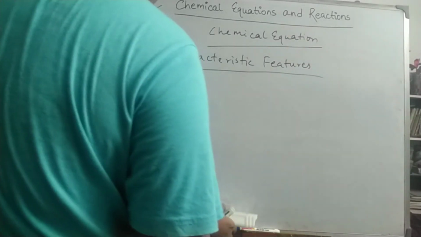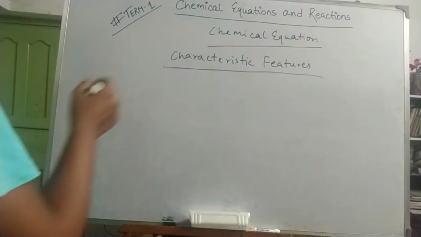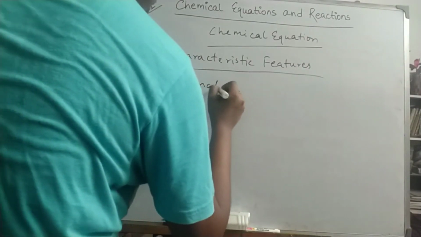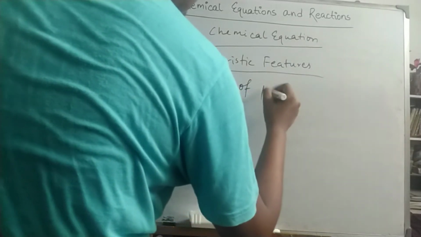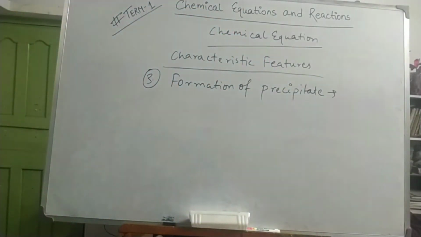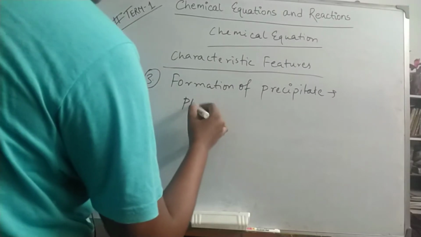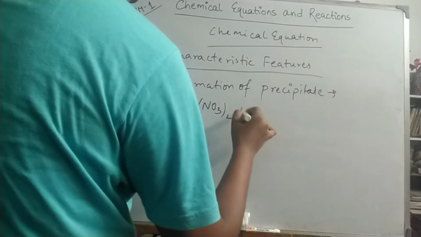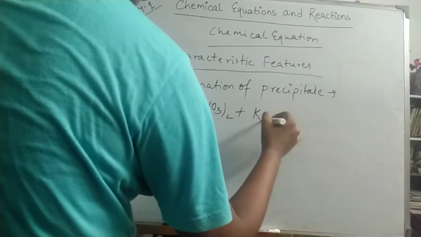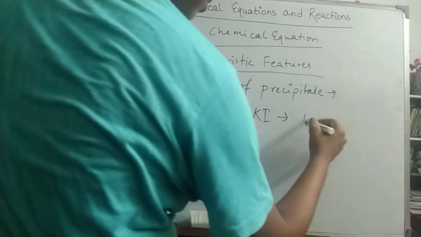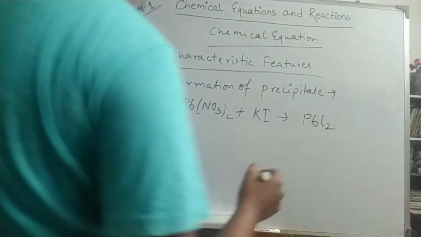Then the third one is formation of precipitate. This is one reaction: lead nitrate plus calcium iodide will give PbI2.